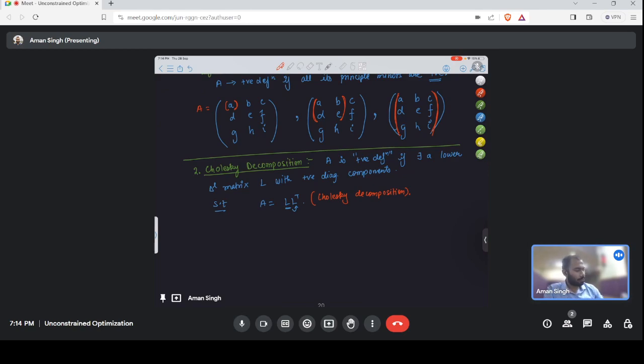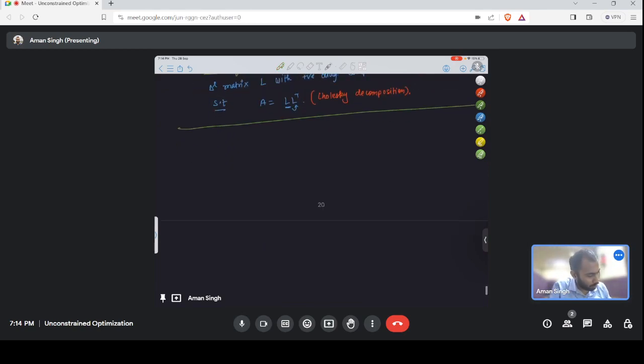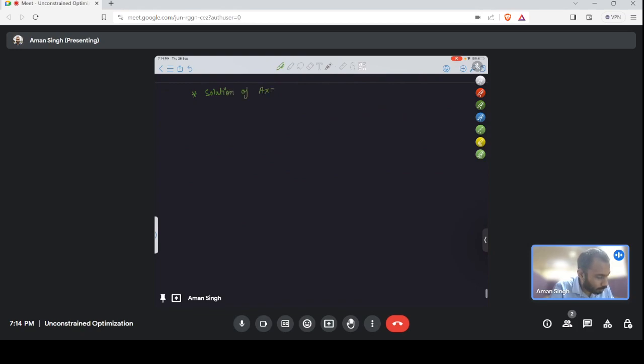Now we arrive at the final problem of linear algebra that we try to solve, and that is the solution of Ax is equal to B. For optimization this is a broad topic, taught in great detail in linear algebra courses. For us, in optimization problems, mostly A is symmetric and positive definite.